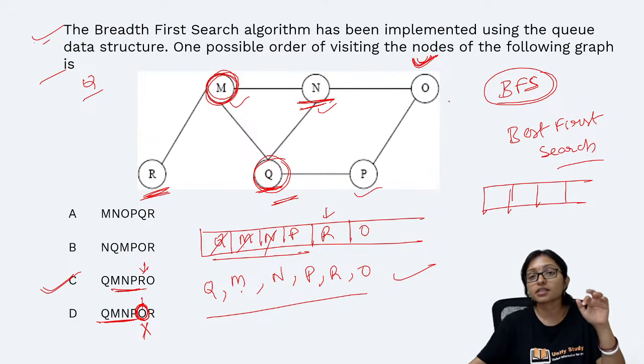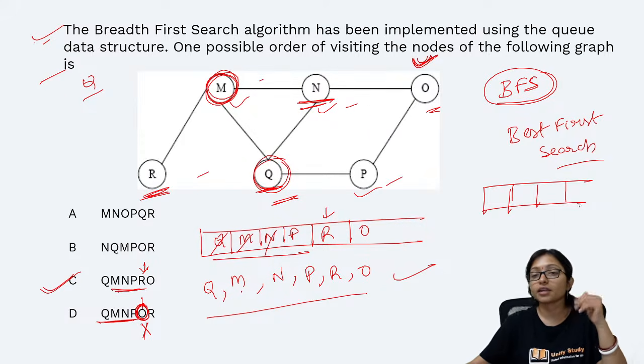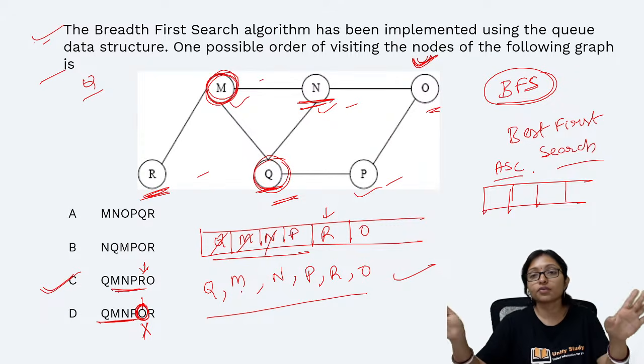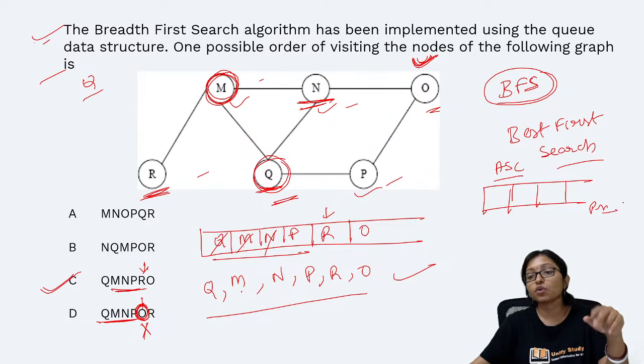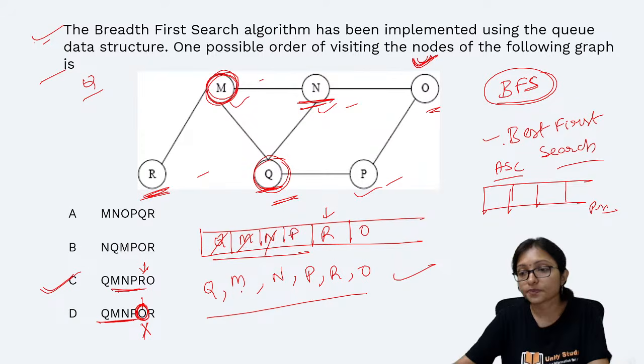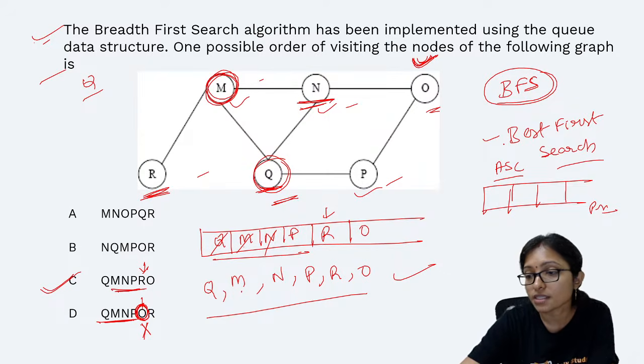In best first search the node priority is given, and according to the priority you need to insert in ascending order. That is the difference between best first search and BFS. In best first search we need to maintain a priority queue and insert according to priority. There is a high chance you can get a question from there also. Yesterday we explained best first search. Is this clear?